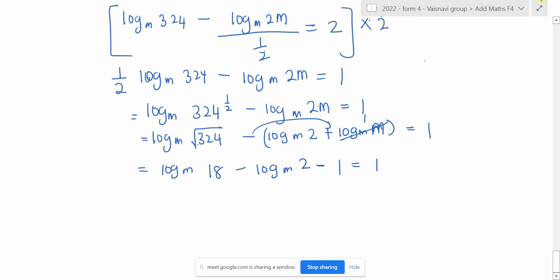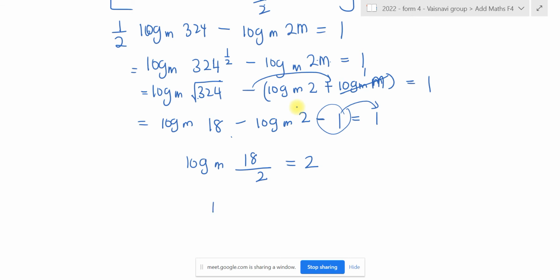So log m 18 minus log m 2, you subtract each other, so we can make it divide. This negative 1 you bring over there, so 1 plus 1 is equal to 2, and then you'll get log m 9 equals to 2.